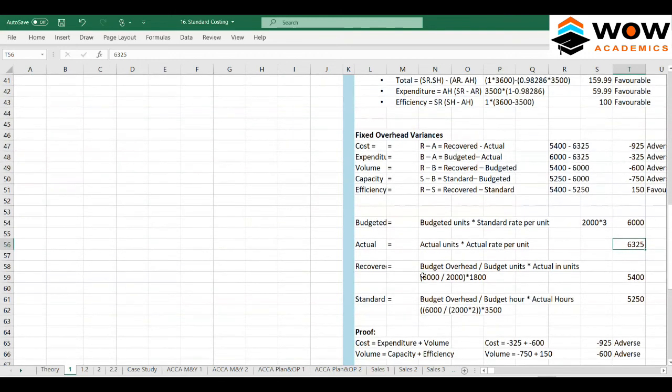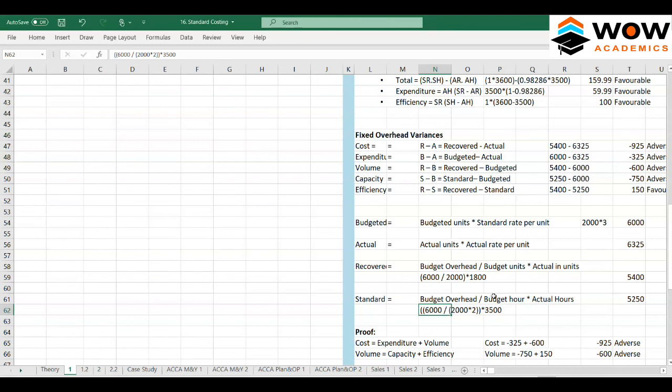What about the recovery and standard? Recovery is budgeted overhead, which is 6000 divided by budgeted units. We thought of selling 2000, but we sold only 1800. Standard is budgeted overhead divided by budgeted hours into actual hours. We thought of producing 2000 units at 2 hours per unit, so 6000 divided by 2000 into 2, which is 6000 by 4000, into actual hours, 3500.